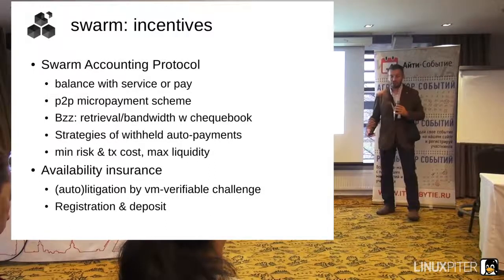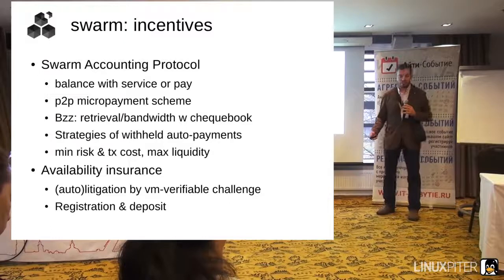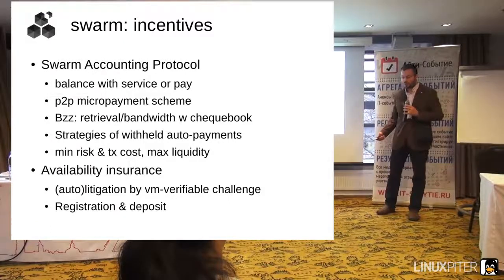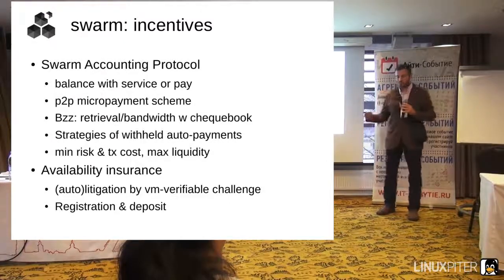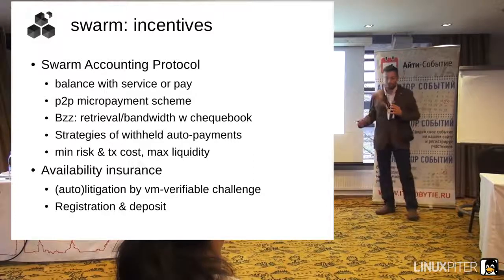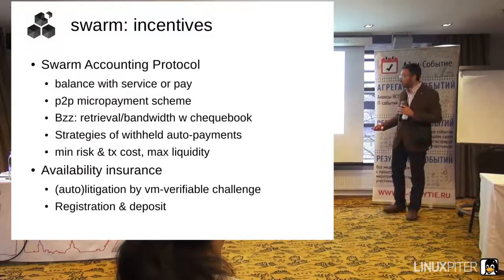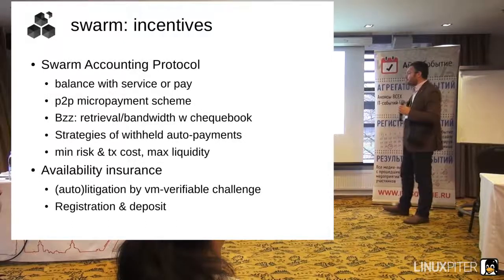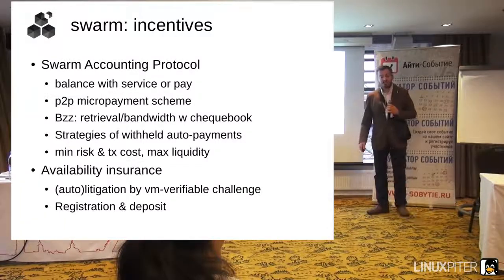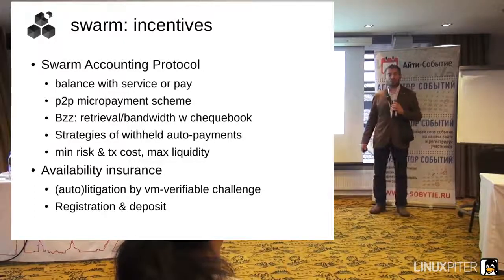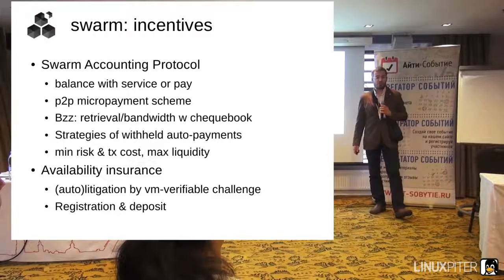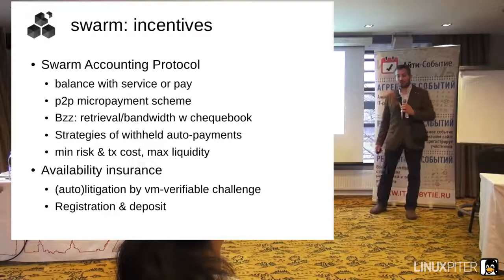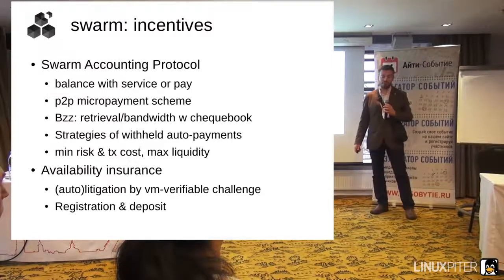So unlike in BitTorrent, where if you're the only downloader and you want to download something big and you don't want to use upstream bandwidth, then you're stuck. You can only download it slowly. Here in Swarm, you can pay. If we only had this incentivization, we would have the same problem as BitTorrent has, namely that it's very good for popular content, but not very good for unpopular but important content.